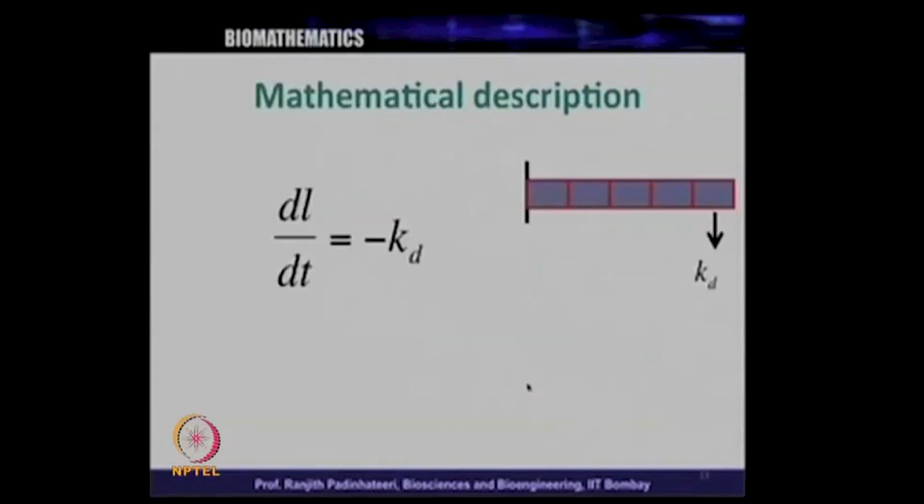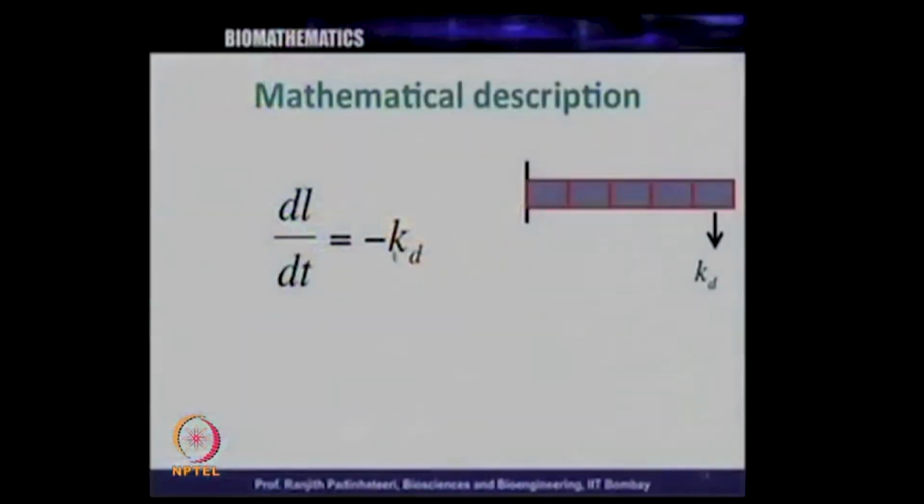Have a look at this slide. We will write dl by dt, which says the length changes with time. dl by dt means the change in length dl when the time changes by an amount dt. But here the change is a decrease, so we have to say that specifically.